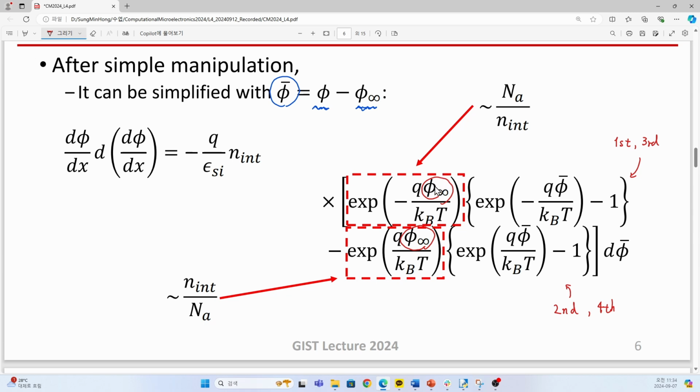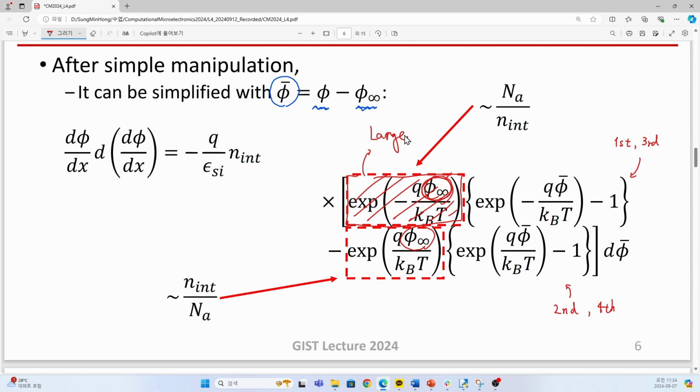This is just a given number. Then which one is large in magnitude and which one is small? Since phi infinity is a negative quantity due to the p-type region, the first quantity is a very large number.